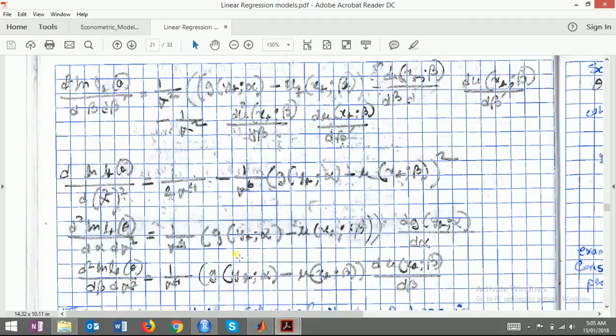Now we're going to talk about the β squared. Now when we are talking about the β squared, you see, just like ∂ log L_T ∂β, everything remains the same, nothing changes up to that point. And in that equation we had ∂μ(x_t) divided by ∂β.